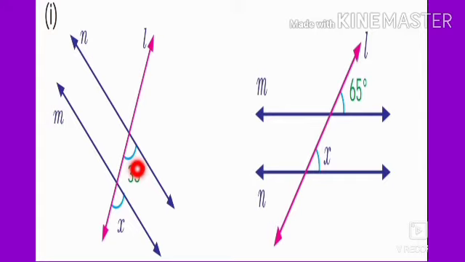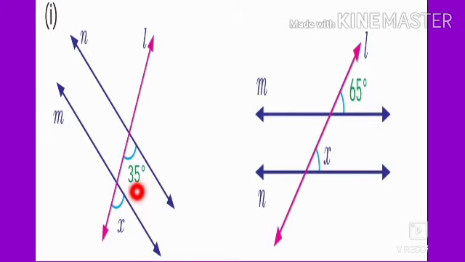Corresponding angles are angles on the same side of the transversal where one angle is in the interior and another one is in the exterior. So here also these angles are corresponding angles. So corresponding angles are equal.